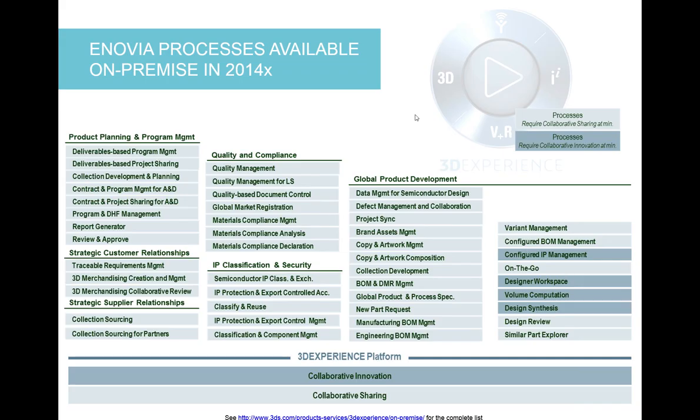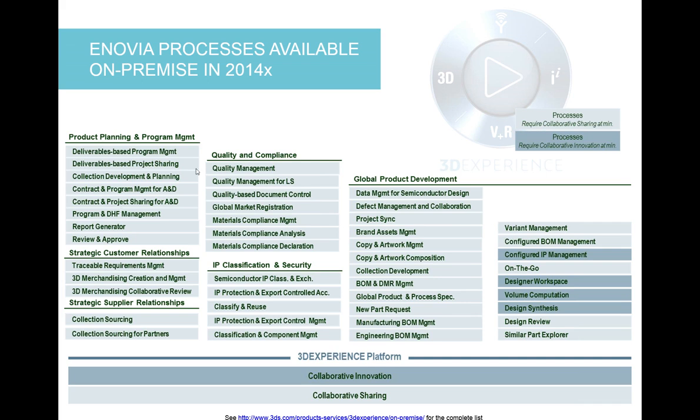If you take a look at the processes that are available for ENOVIA, this 3D experience platform can be delivered in 3 different ways. On-premise installations, meaning that you will have your servers in your premises. There you have these processes available for the different themes.